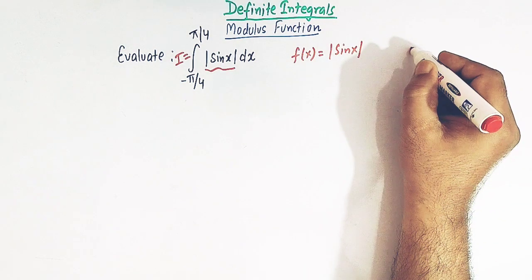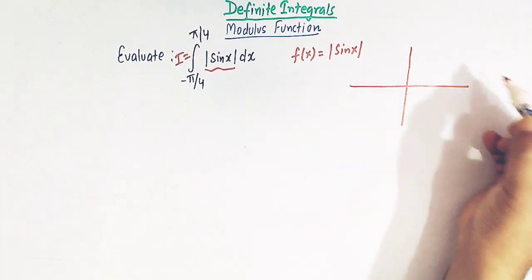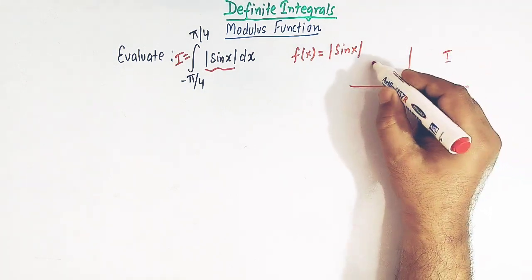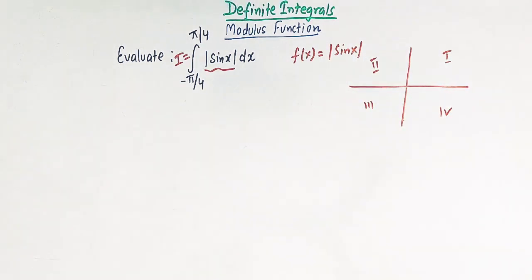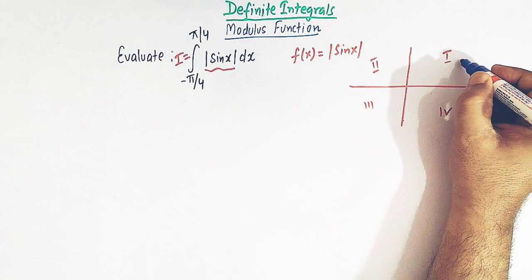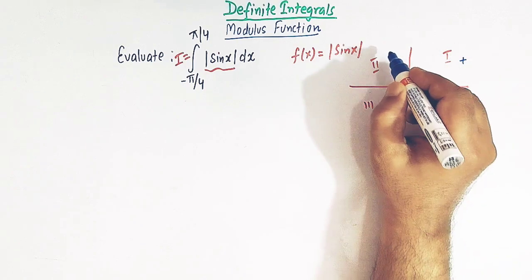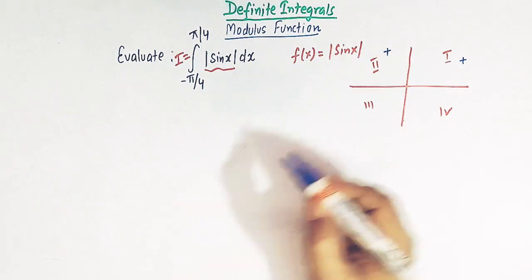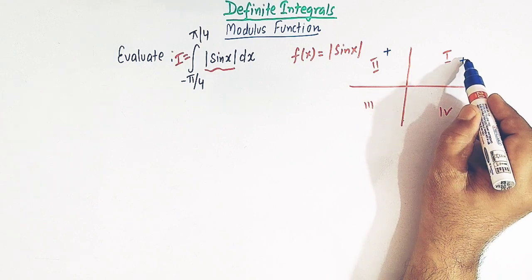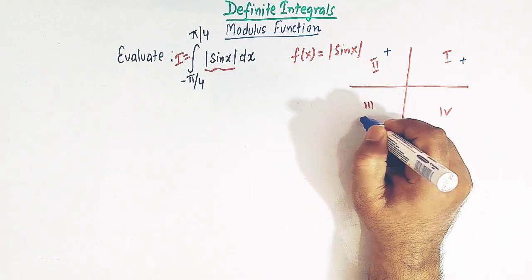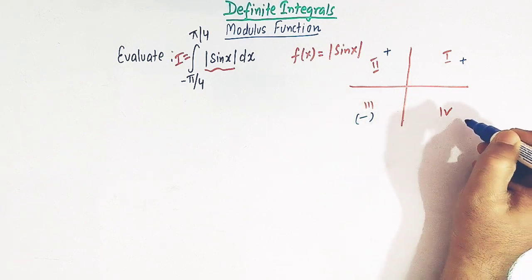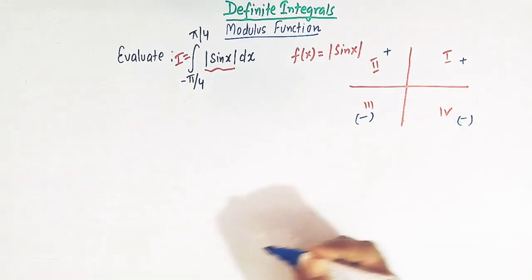Here we have the four quadrants: this is the first one, this is the second, this is the third, and this is the fourth. We know that the sine function is positive in the first and second quadrants, and negative in the third and fourth quadrants.